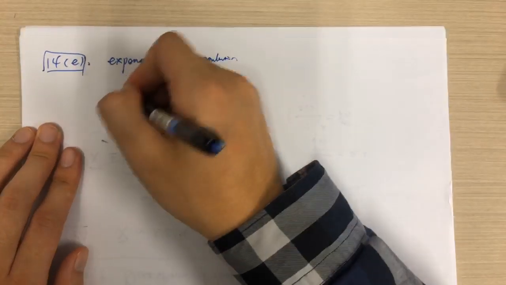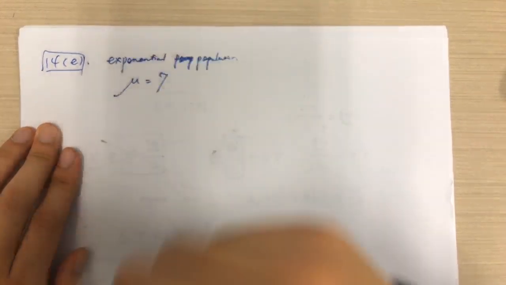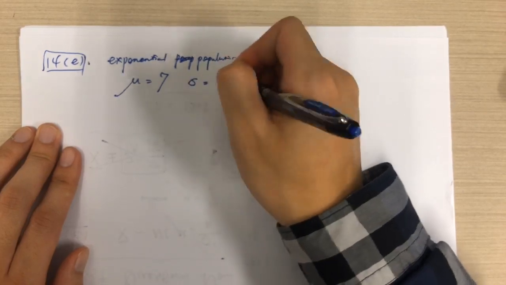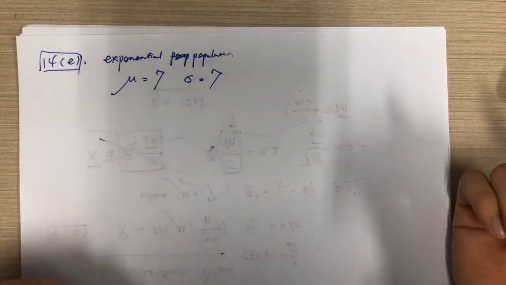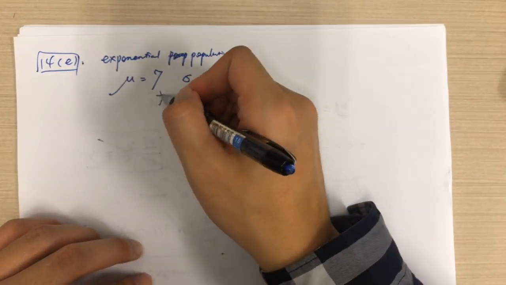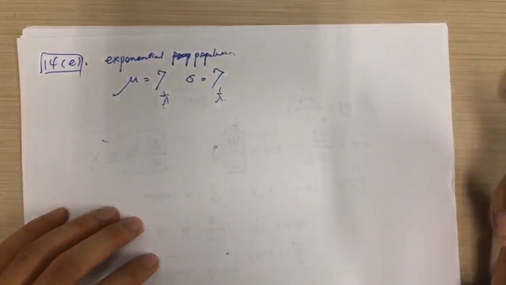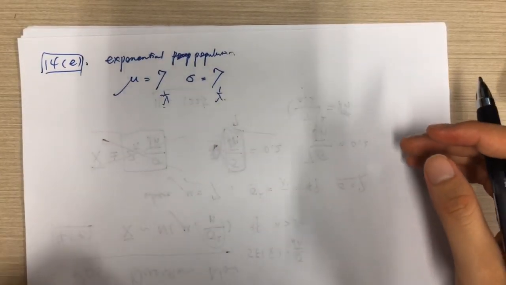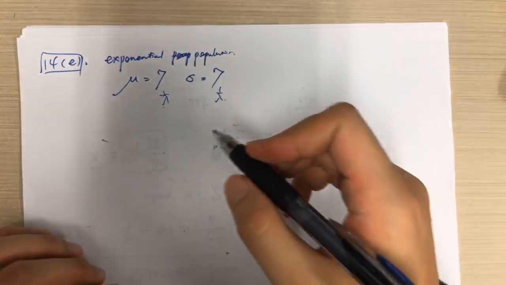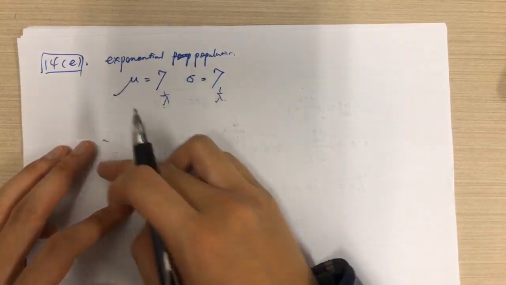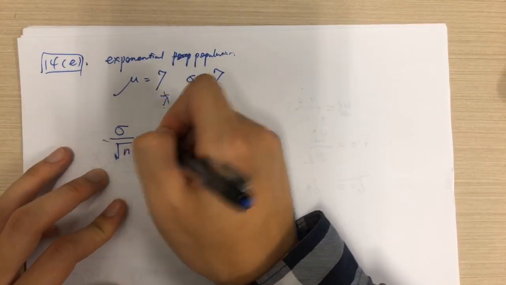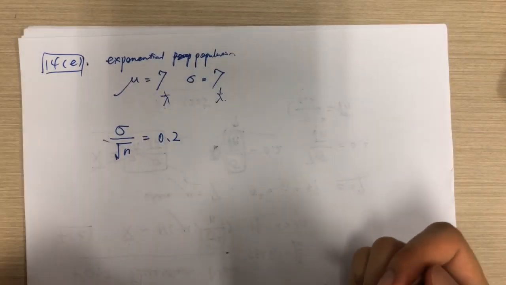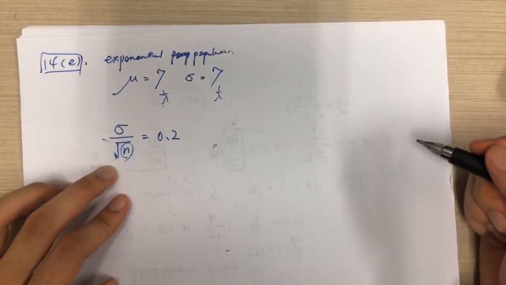The population mean is 7 hours, and you also got a population standard deviation of 7 hours, because for the exponential distribution, both equal 1 on lambda, right? So given that population distribution, now you want to limit the sampling error, or standard error, to be 0.2. Then you just need to determine the sample size here.